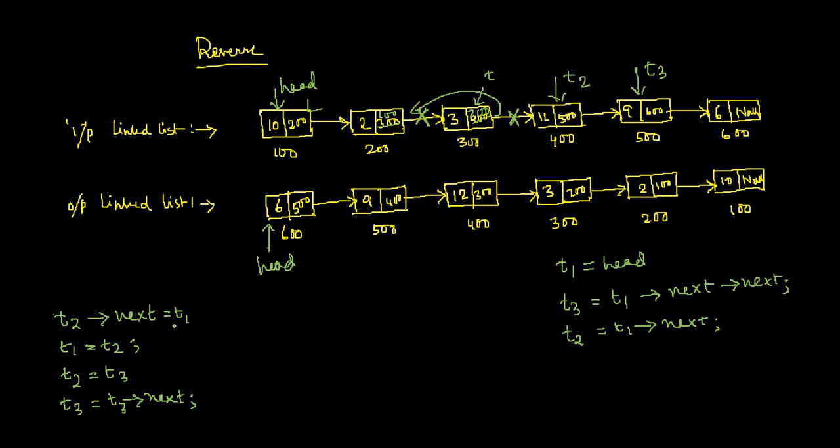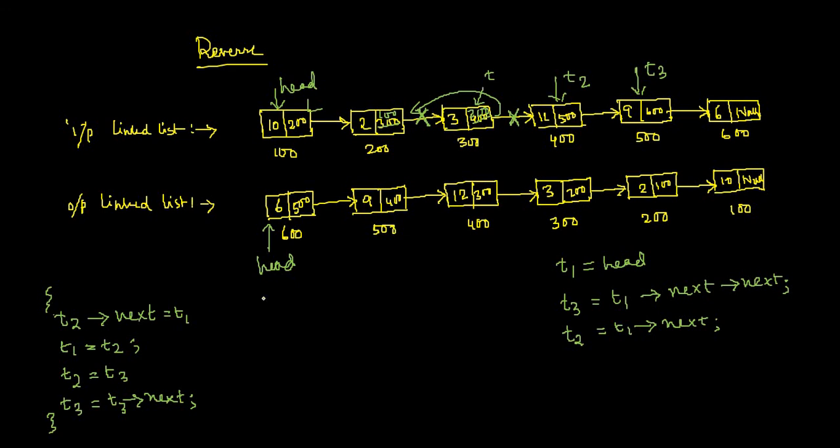After T2 next null, after executing these three statements, the situation becomes something like this. And then what will happen? Again T2 next equal to T1 will execute. So these statements are in a loop.